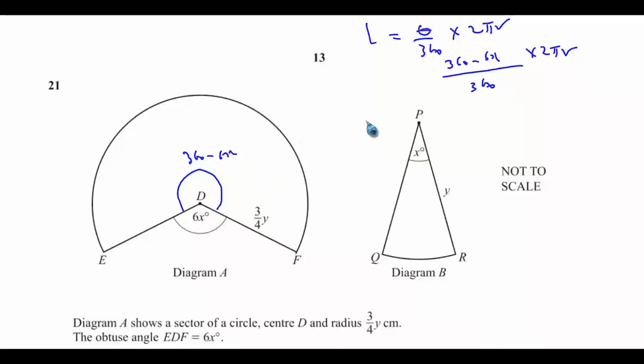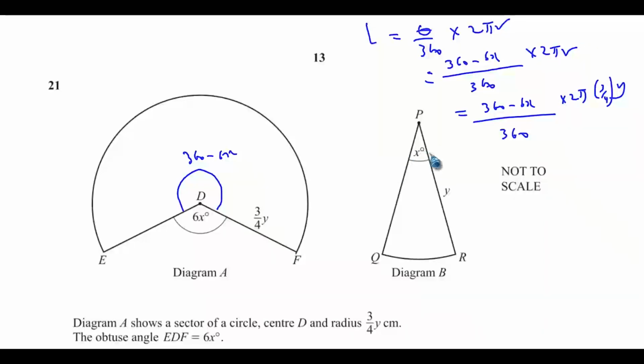Okay, let's put the radius there. I think it will still be easy for us. So we're going to have 360 minus 6x over 360, then times 2 pi, then the radius is 3 over 4 y.